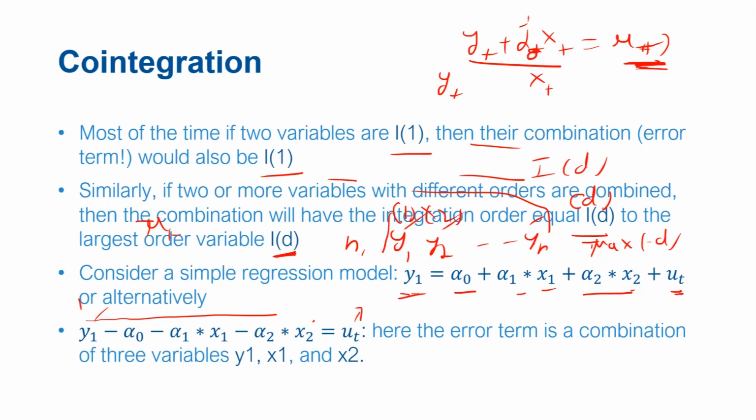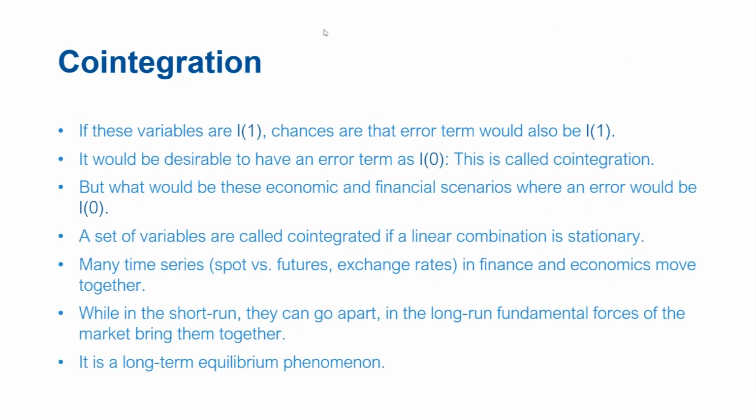For example, if y1 is integrated of order 1, x1 of order 2 and x2 of order 3, then in general mu t is expected to be integrated of order 3. Similarly, if all of them, y1, x1, x2, are integrated of order 1, then chances are that the error will be of order 1. However, it is desirable to have an error term of order 0.